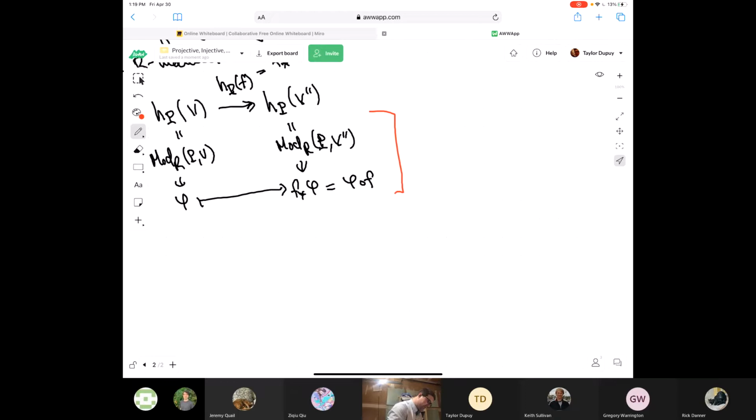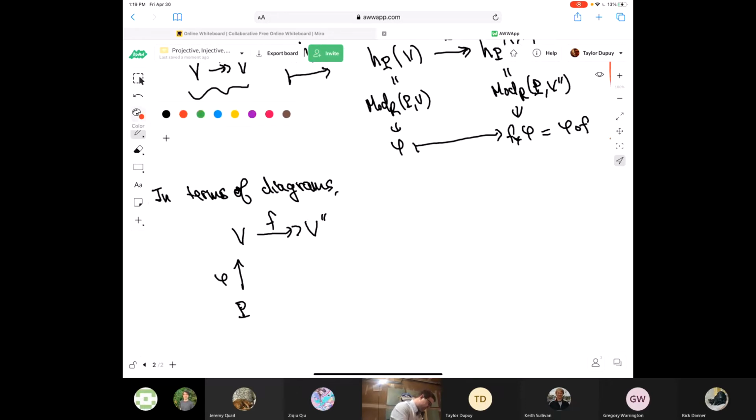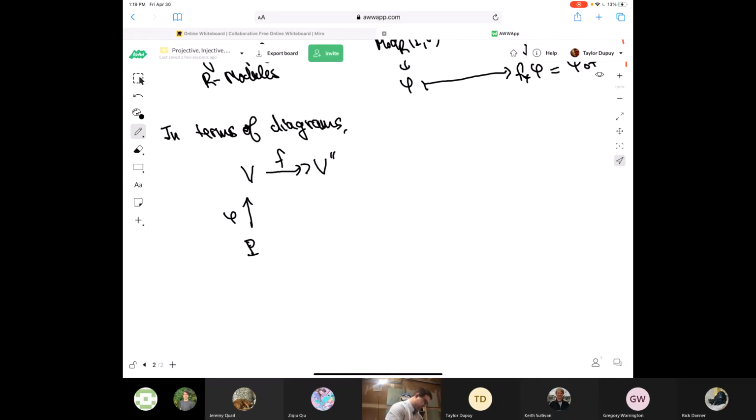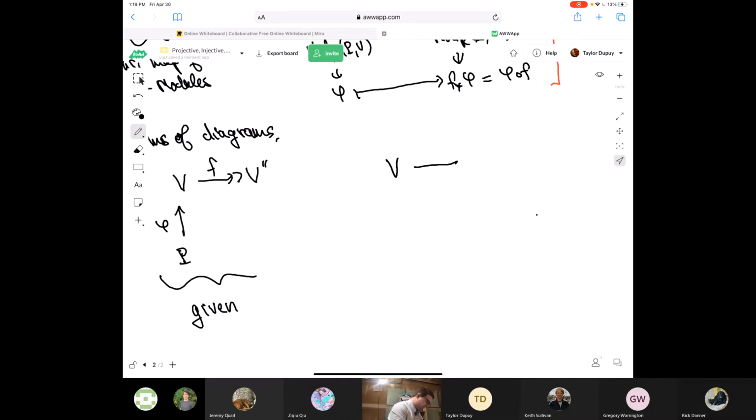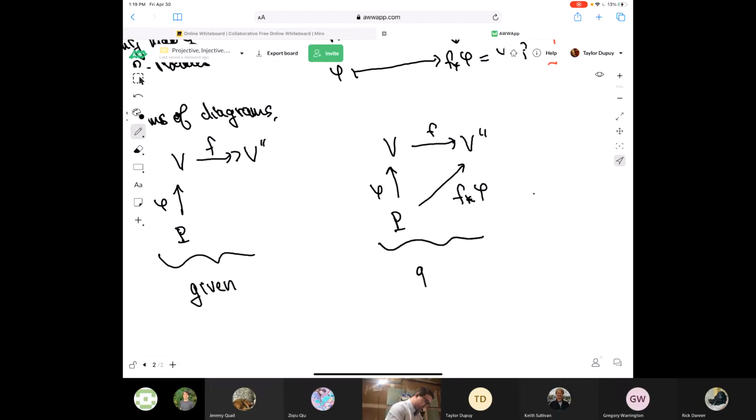I'm drawing this map over again. This is what we're given. Then F lower star is the arrow that you get when you fill this in. Nope, that's the wrong way. Okay, so this is the output. All you're doing is completing this triangle by using the composition of the two maps.